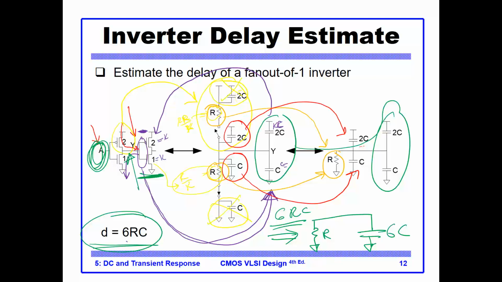So if I tell you on the exam or the assignment that R equals 10K ohm and C equals 2 femtofarad, you multiply by the 2, times 6, so you get 120 picosecond.